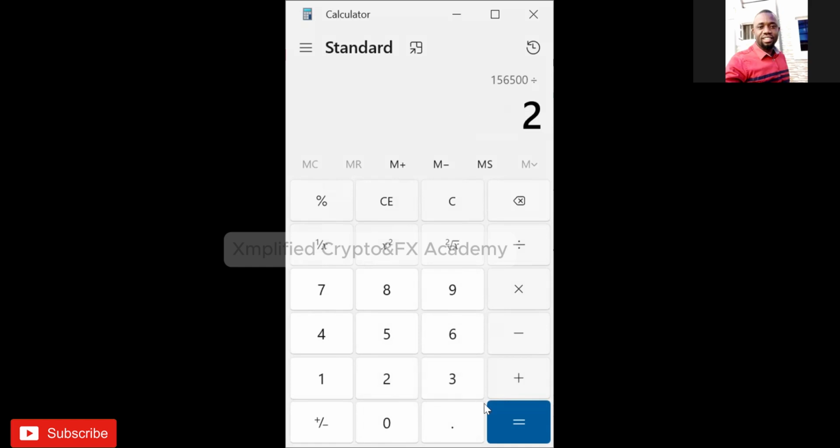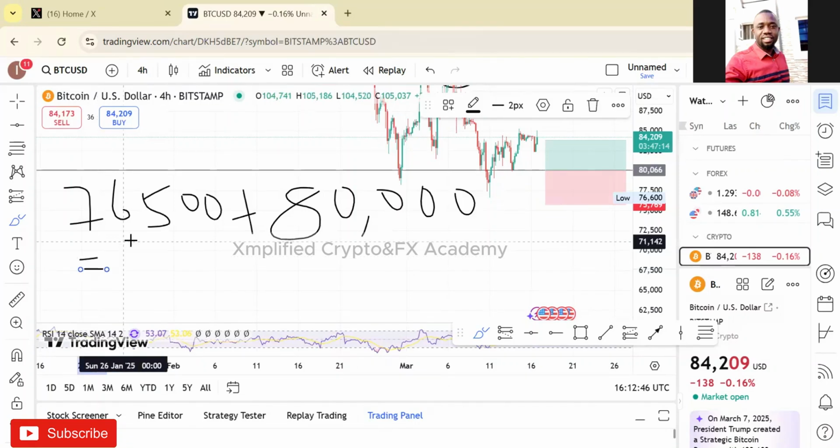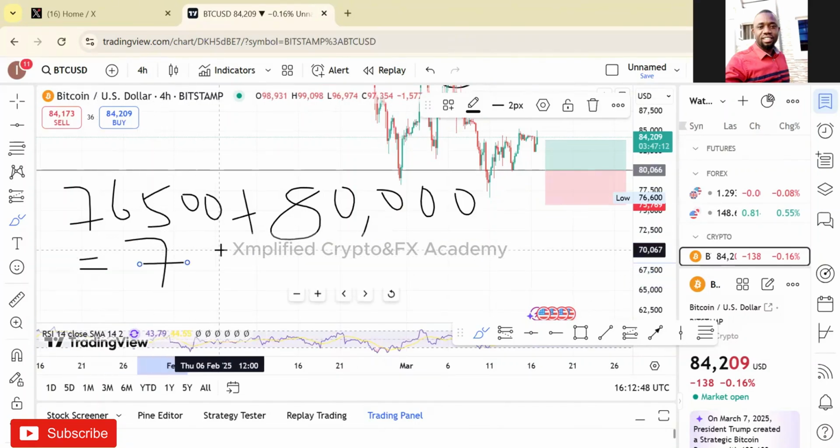This now becomes your average buy. So your average buy is 78,250. All right, 78,250 is now your average buy. It's equal to 78,250.